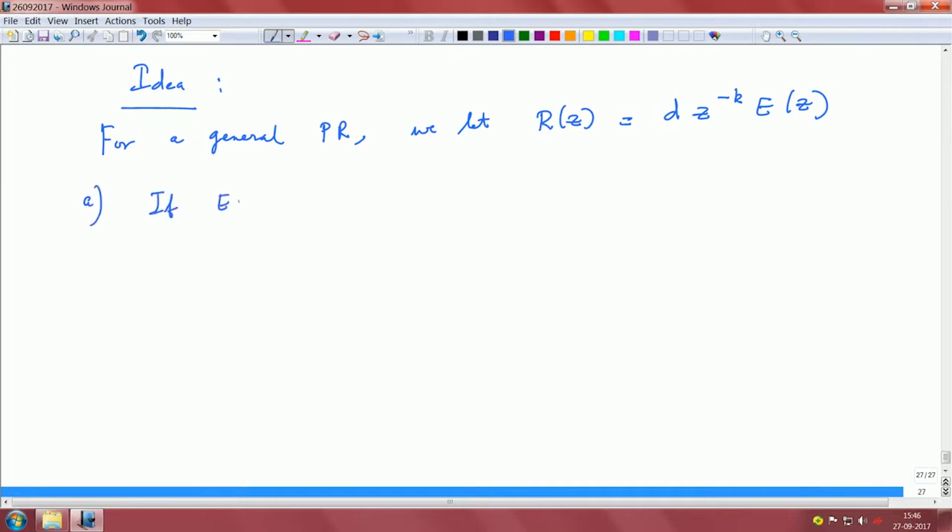If E of z is minimum phase, a minimum phase filter is one in which the poles and zeros are inside the unit circle.